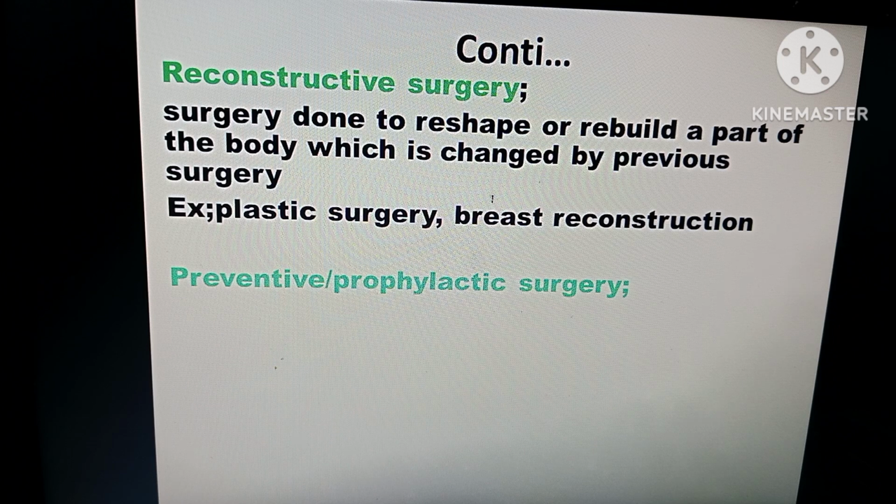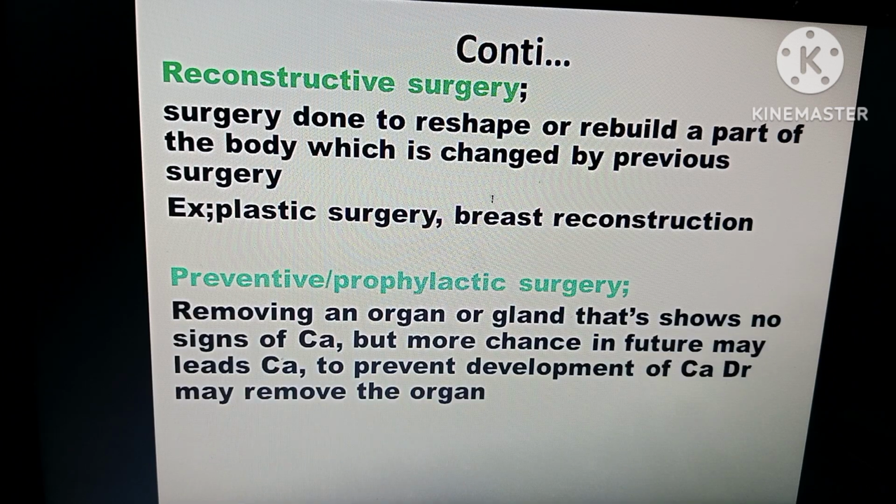Okay, what is the next one? Preventive, otherwise called prophylactic surgery. What is preventive or prophylactic surgery? Here, an organ or glands that show no sign of cancer, but have more chance in future of transforming into cancer, are removed. To prevent development of cancer, the doctor may remove the organ.